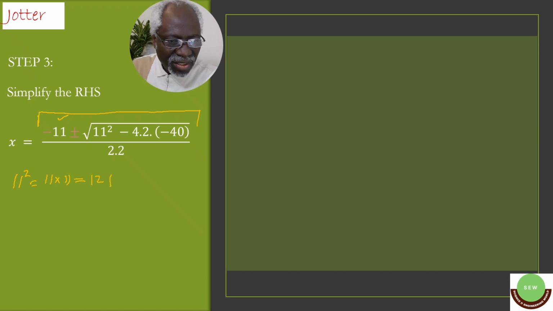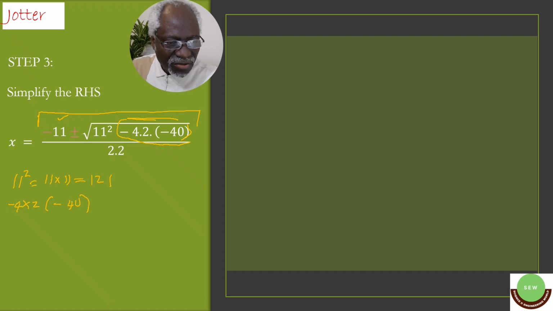And then we have this inner term to be minus 4 times 2 bracket minus 40.